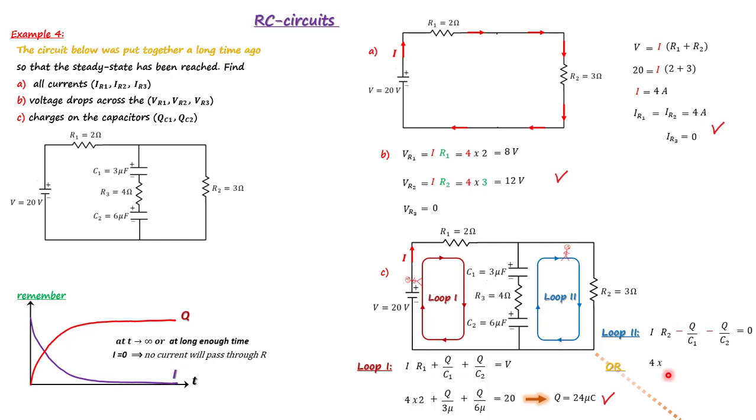So I is 4, R2 is 3, minus Q over 3 micro minus Q over 6 micro, and 0 on the right side. From here you get the same value, 24 microcoulomb. Now let's have our last example. We have the same question but a different circuit.